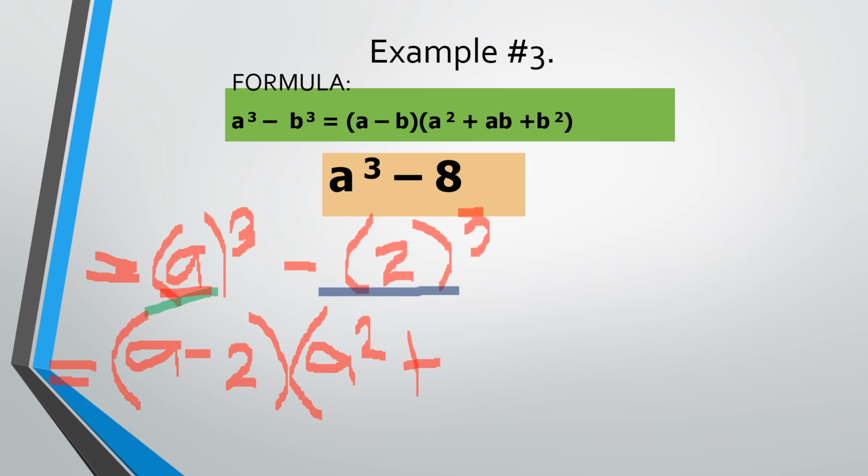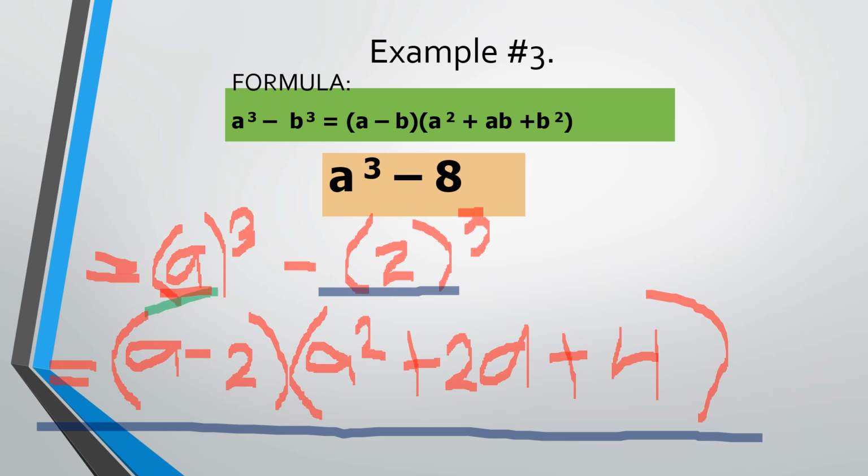So we have a times 2, we have 2a, plus b times b. We have 2 times 2, we have here 4. And then you close it. And this will be now our answer.